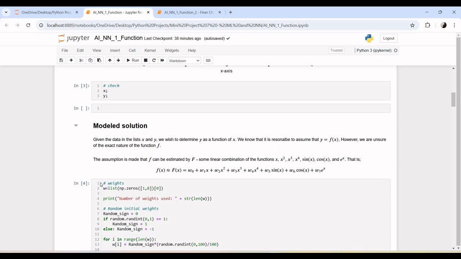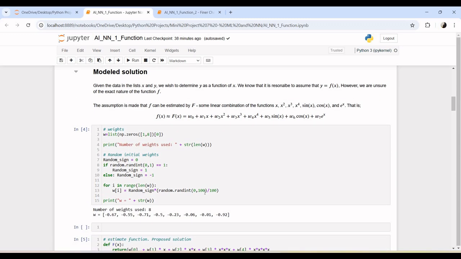So we want to figure out the relationship, and we decide to model this relationship as some linear combination of a fourth degree polynomial and the functions sine x, cos x, and e to the x.